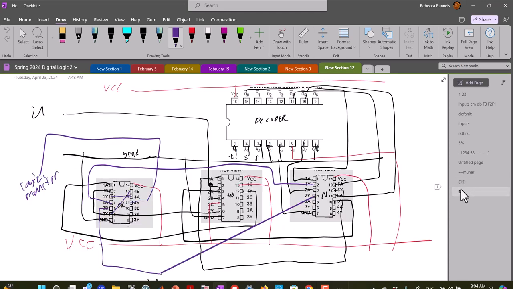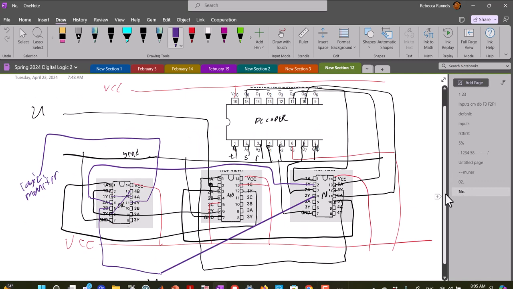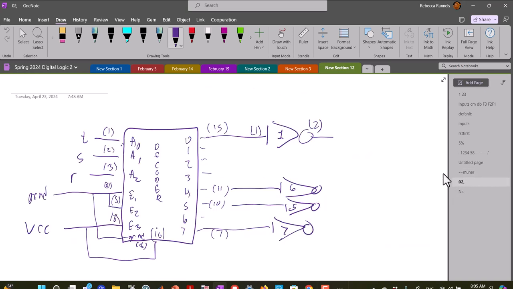So these went into our NOT gate, that's 1 and 2. So this is pin 1 coming in, pin 2 coming out. So I use 2. So that's pin 3 coming in and pin 4 coming out.